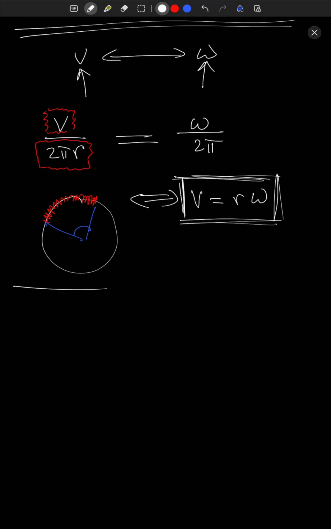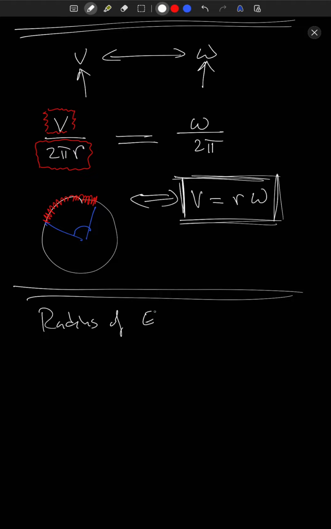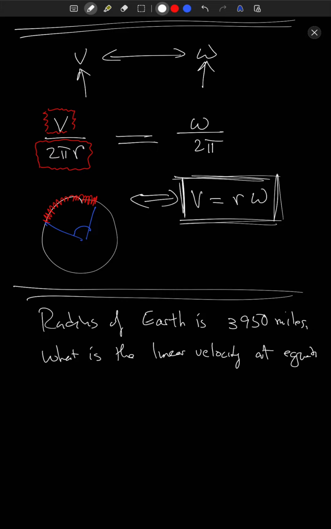All right, so using this, here's a good question. The radius of the Earth is roughly 3,950 miles. So the question is, what is the linear velocity of a person standing at the equator?